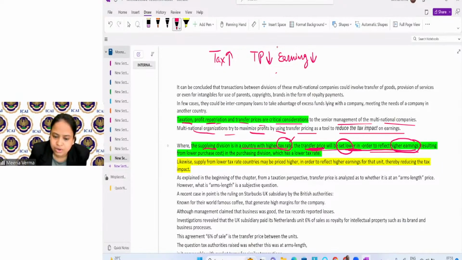Why? In order to reflect lower earning resulting in lower tax. We keep the transfer pricing less. If the transfer pricing will be less, for the receiving division, the earning will be less, right? And what will happen? Earning will be less, then tax will be less.